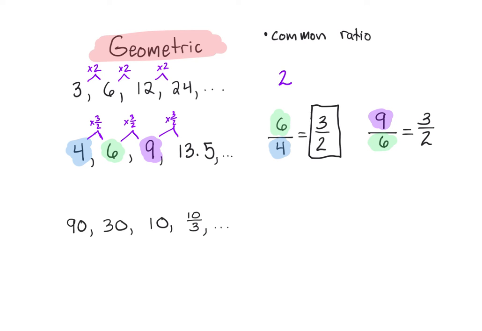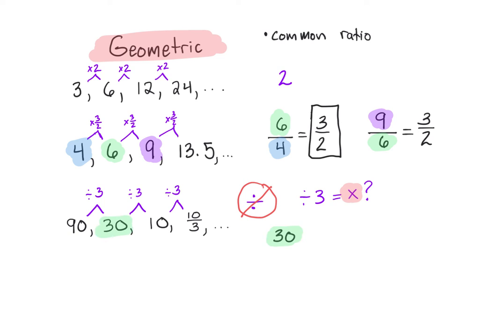In this last sequence, the numbers are being divided by 3 each time. However, we don't really want to think about this as division. We still want to find that common ratio where each term is being multiplied by it to get to the next term. So I'm going to use this same technique.